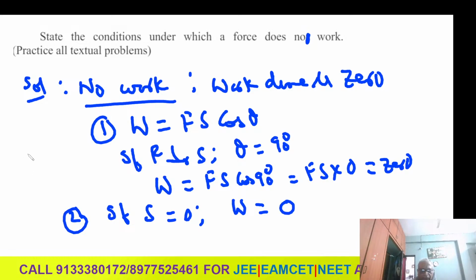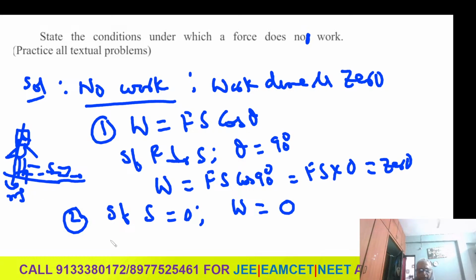He displaces like this to the point. This is called displacement. The weight acts like this, so the angle between them is 90.